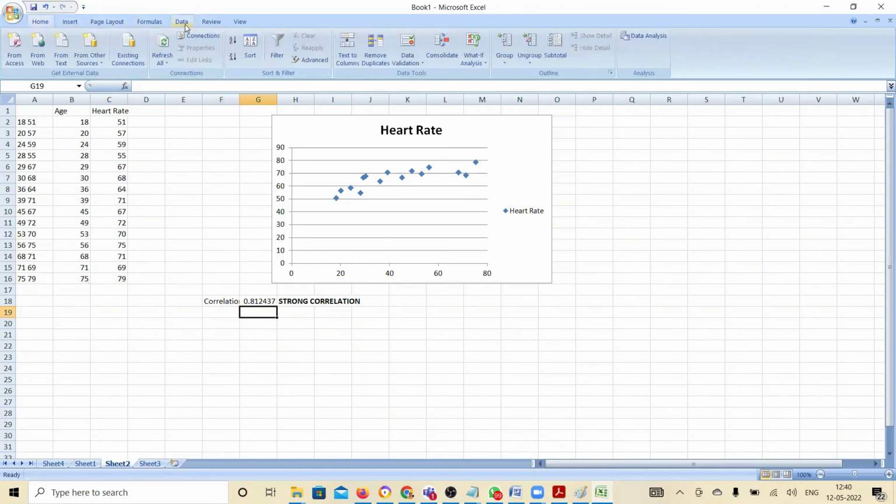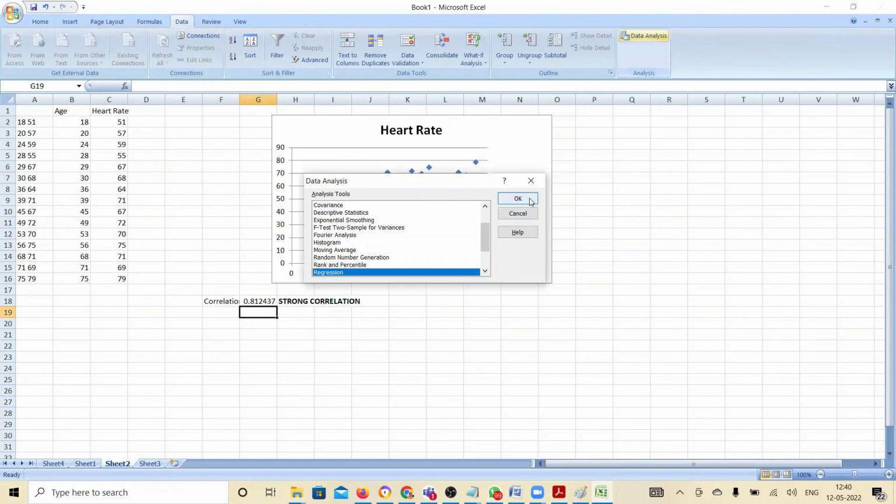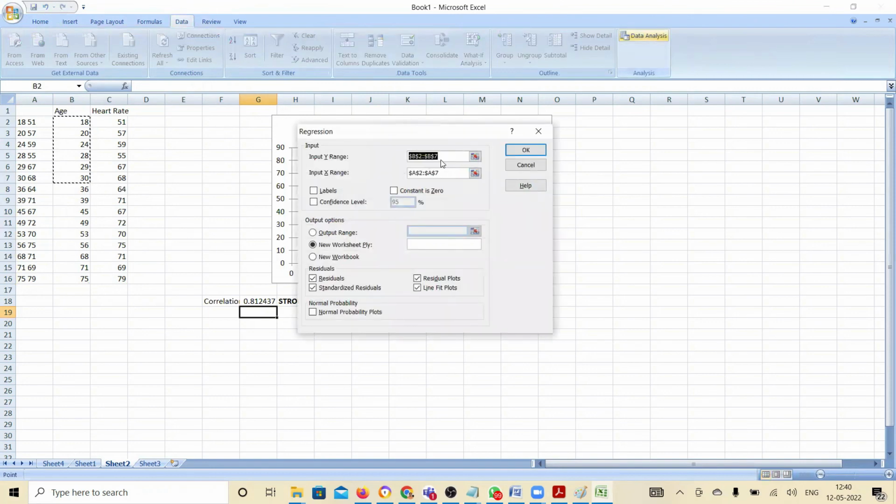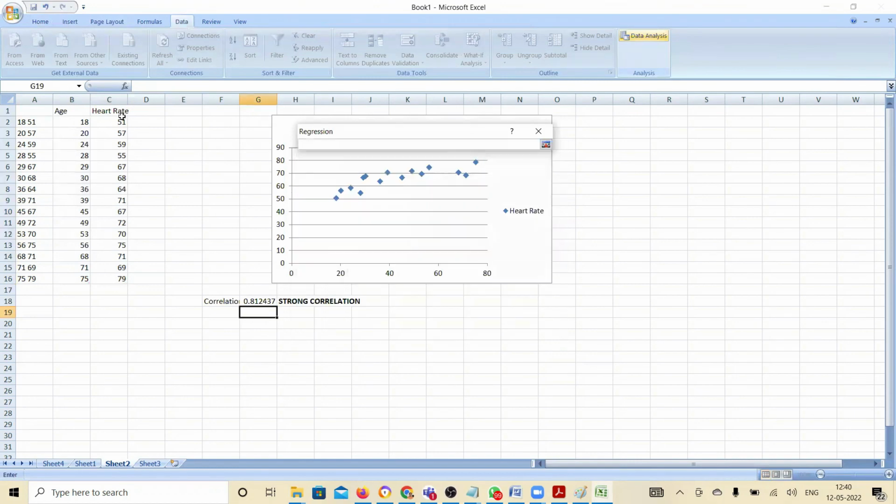I'm going to Data Analysis, Regression. We're trying to predict heart rate, so heart rate will be the Y data set. The X data set is going to be age.